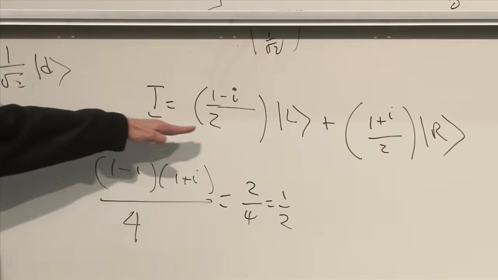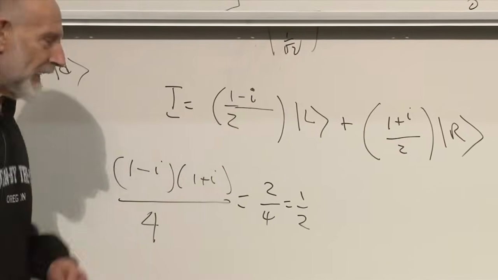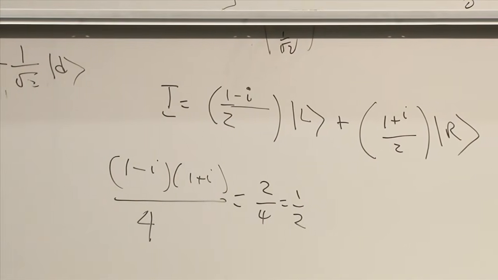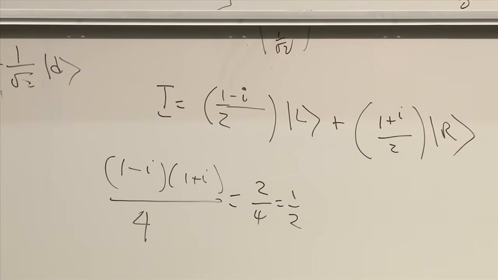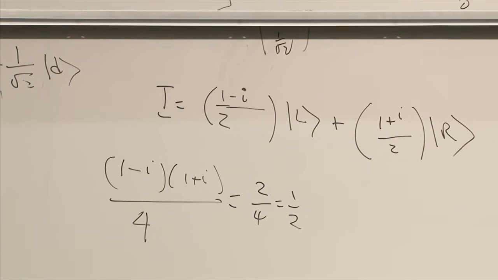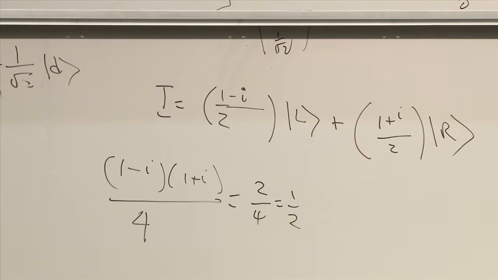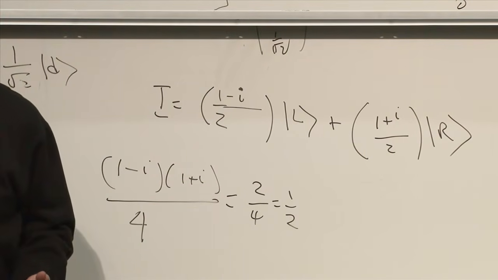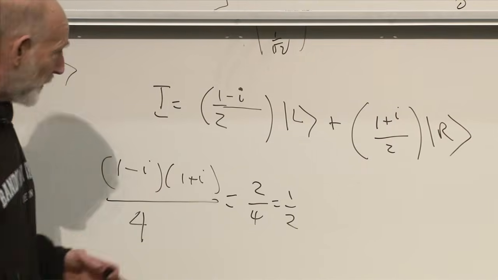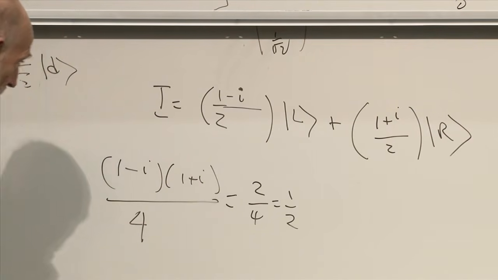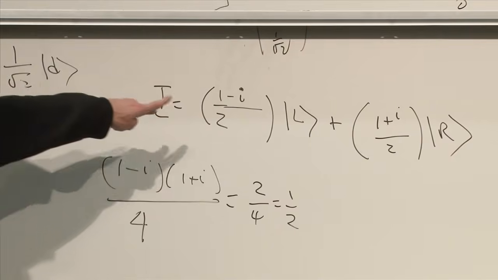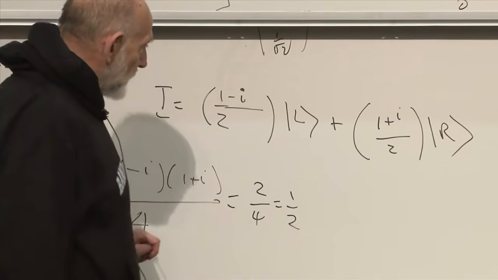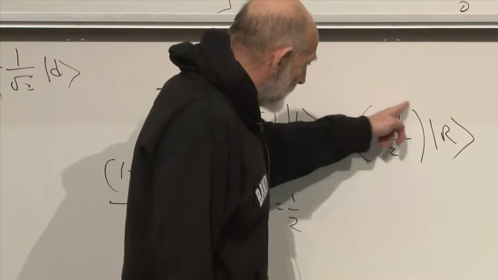In other words, this coefficient here, although it doesn't contain any explicit square root of 2, times its complex conjugate is equal to 1 over 2. So the magnitude of this complex number here is 1 over the square root of 2. It's written in a form that you don't see any explicit 1 over square root of 2, but the magnitude of this is 1 over square root of 2, and so is the magnitude of this.